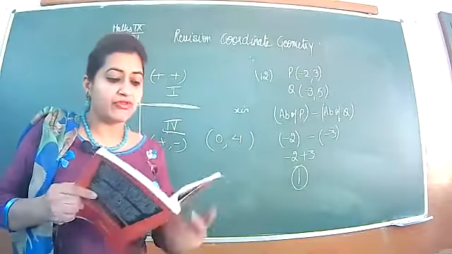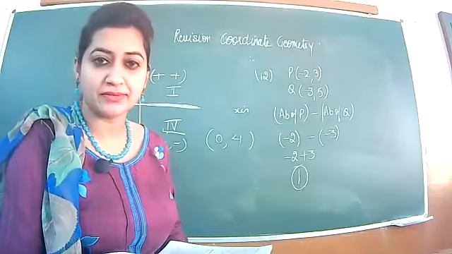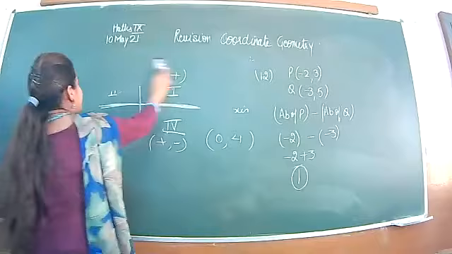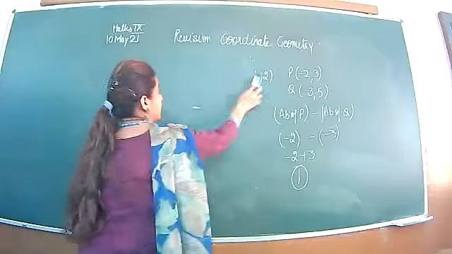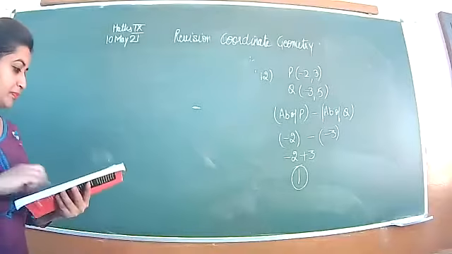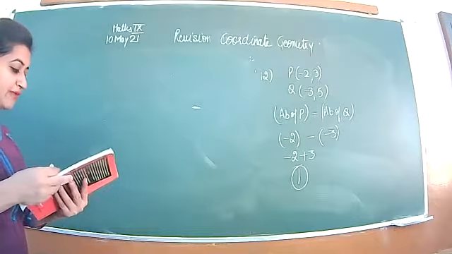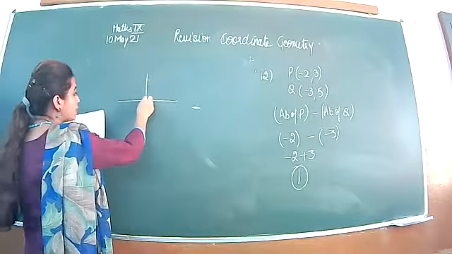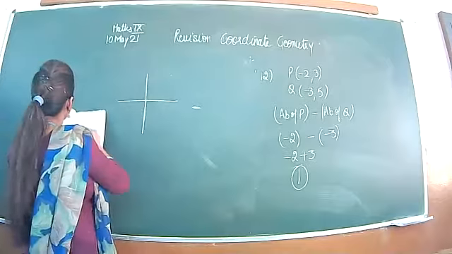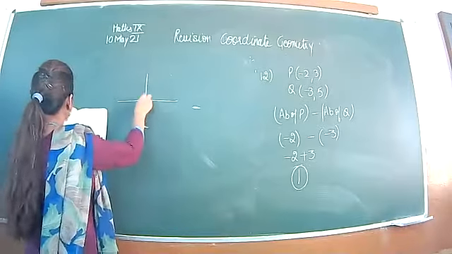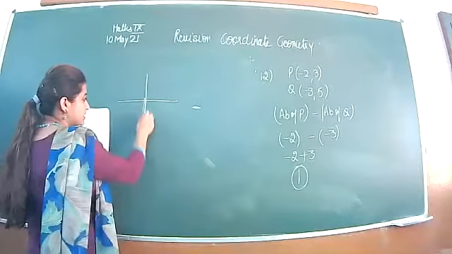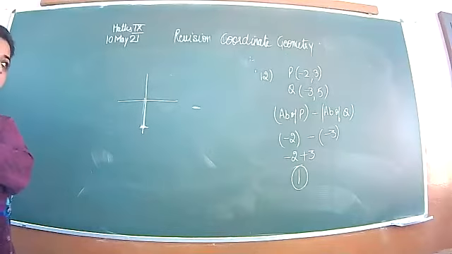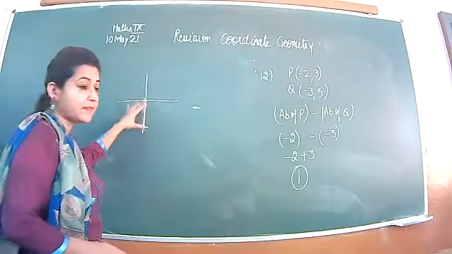The point which lies on y-axis at a distance of 5 units in the negative direction of y-axis. कहता है एक point है जो y के ऊपर lie कर रहा है, but in the negative direction of 5 units.